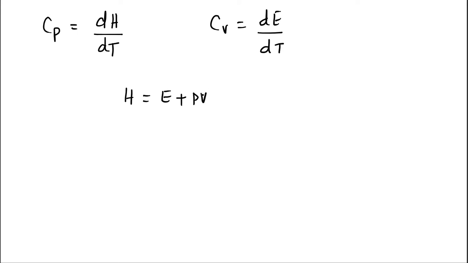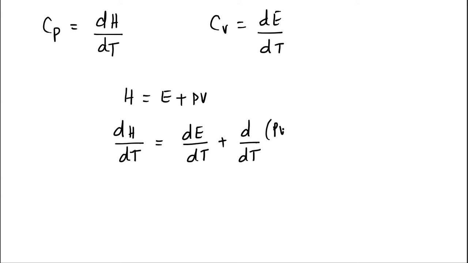Let's differentiate enthalpy on both sides with respect to temperature, that is dH over dT is equal to dE over dT plus d over dT of PV. And we know this one is Cp and we know this one is Cv.